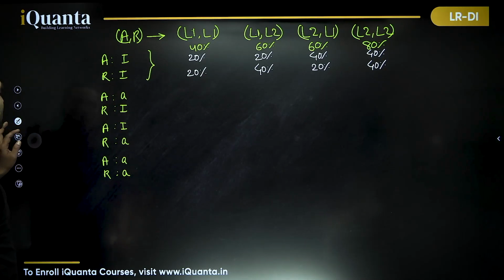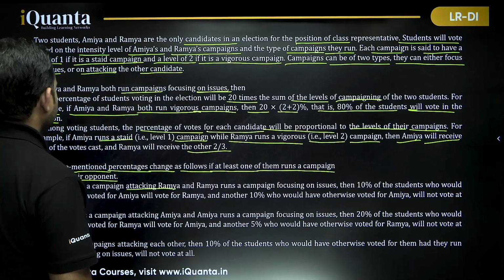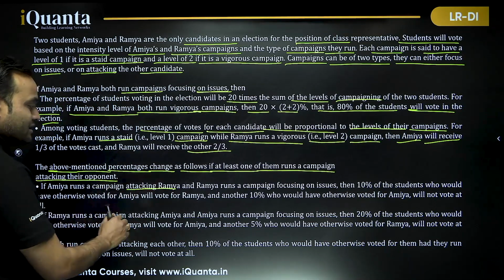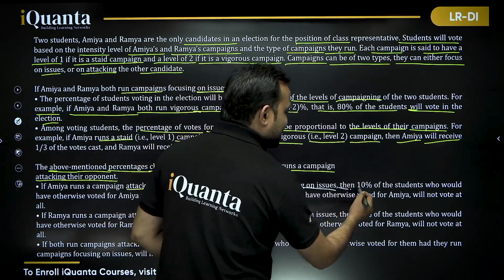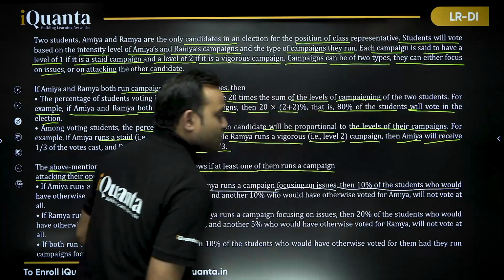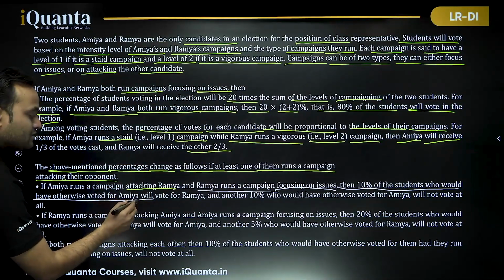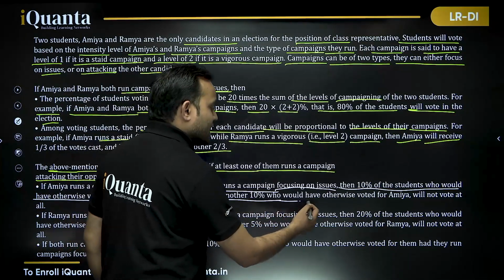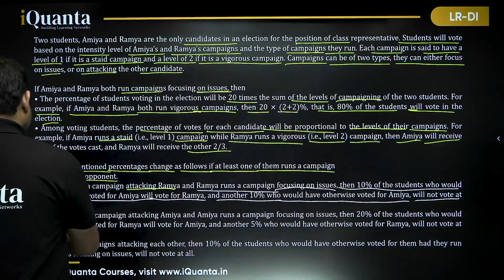Now, what will be the distribution of votes? Let's see. In the first case, if Amia runs a campaign attacking Ramya and Ramya runs a campaign focusing on issues, then 10% of the students who would have otherwise voted for Amia will vote for Ramya, and another 10% who would have otherwise voted for Amia will not vote at all.